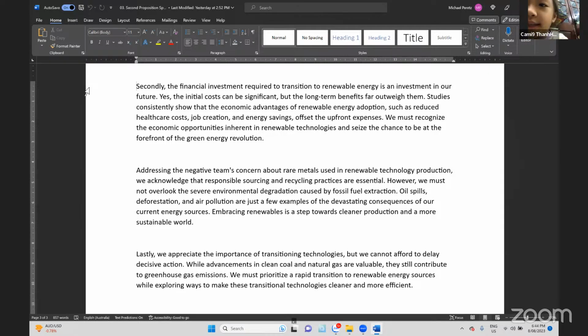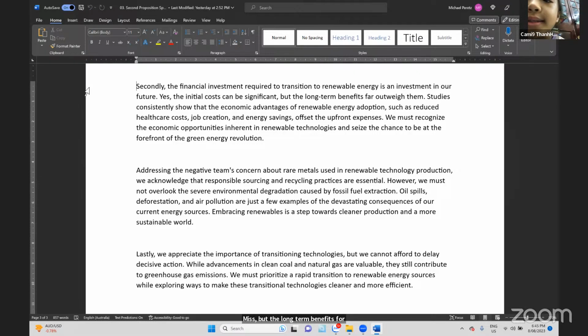Secondly, the financial investments required to transition to renewable energy is an investment in our future. The initial costs can be significant, but the long-term benefits far outweigh them.